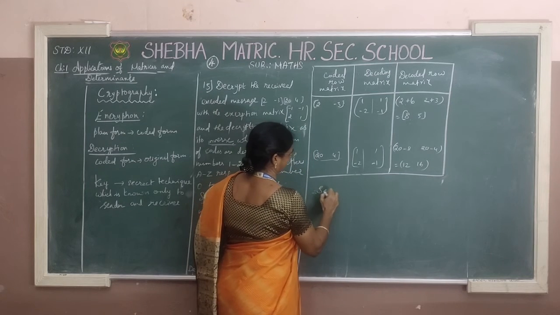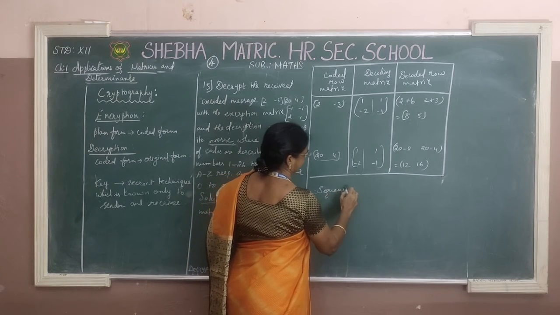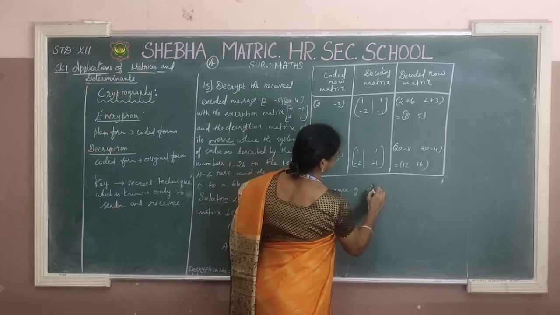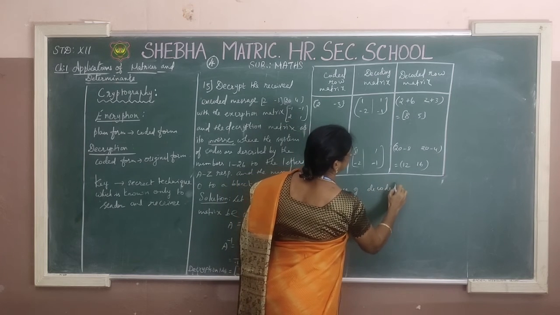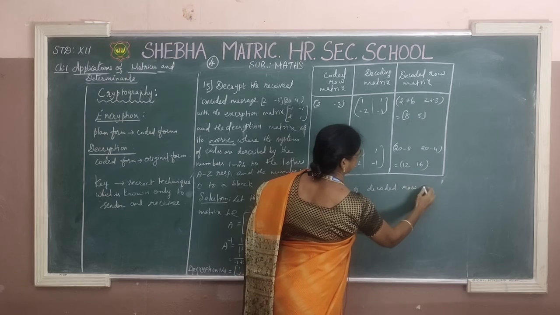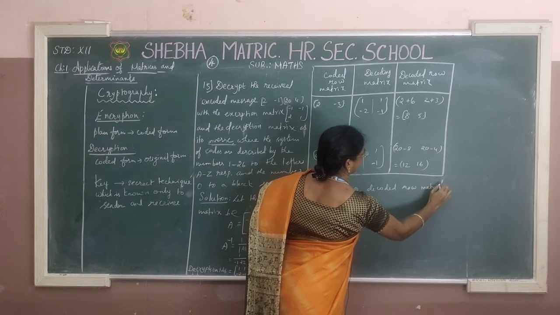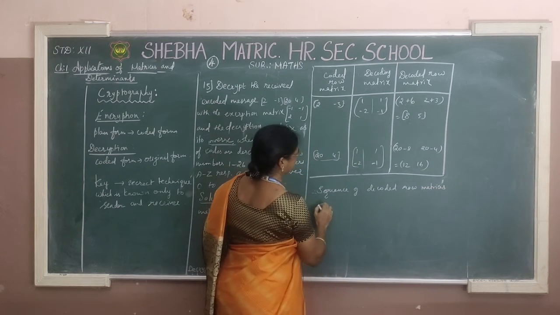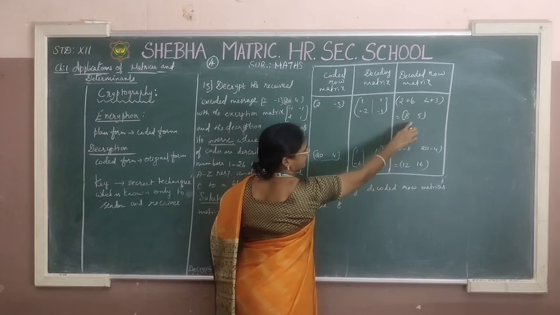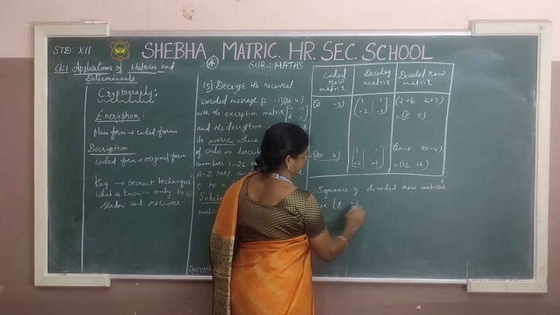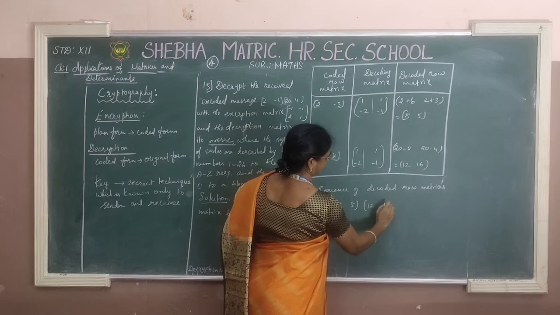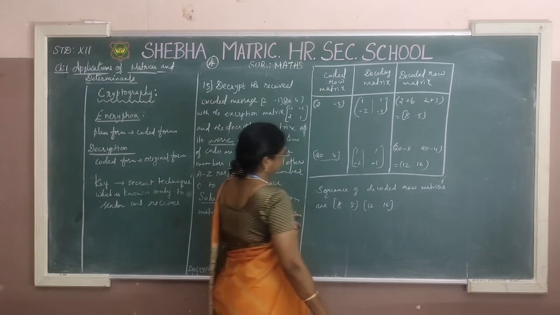Therefore, the sequence of decoded row matrices are, first one is 8 5 and second one 12 16.